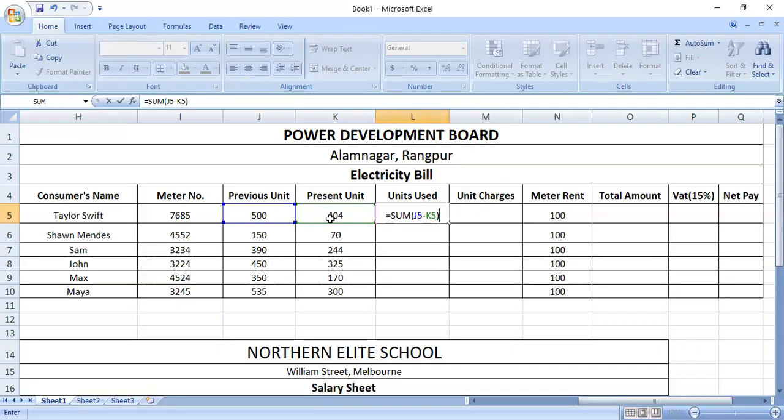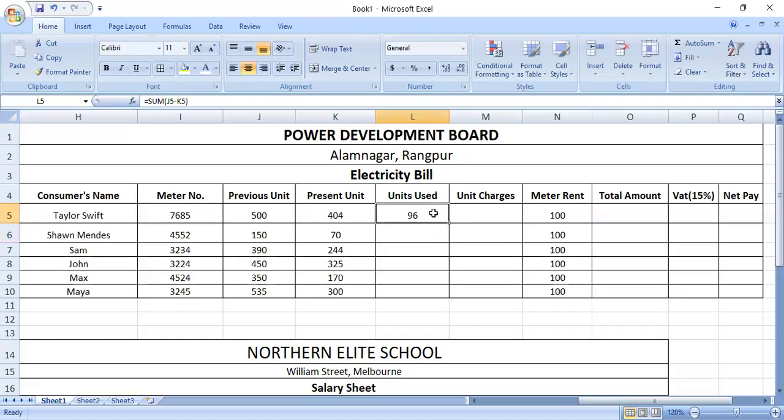It will highlight those cells. The cells you're subtracting are highlighted, like this is highlighted in blue and this is highlighted in green, so that you know what you're doing. You should always write the correct cell names. Make sure. Then press enter.